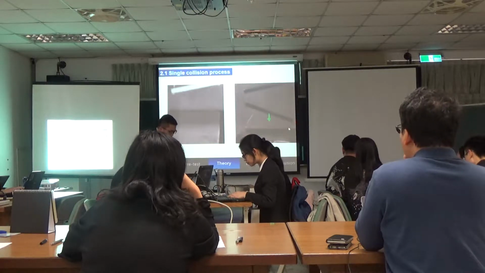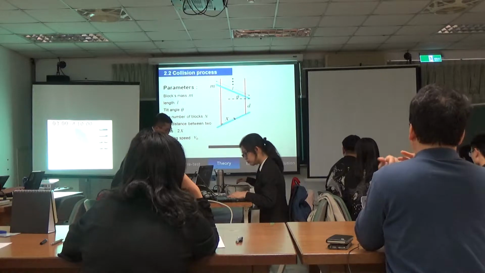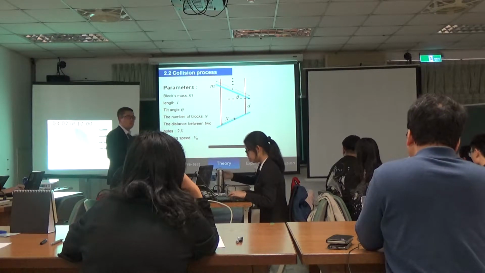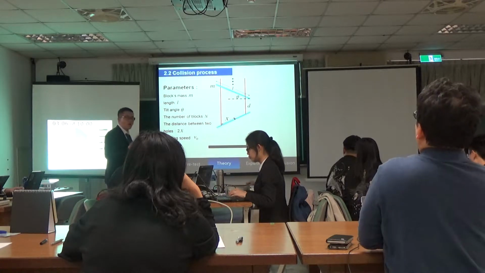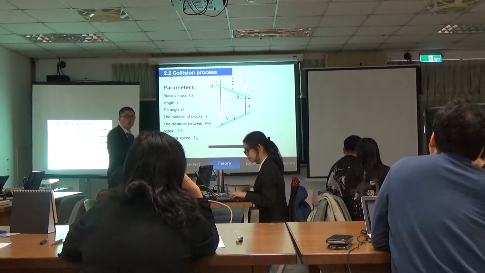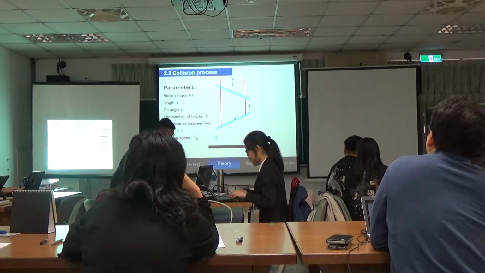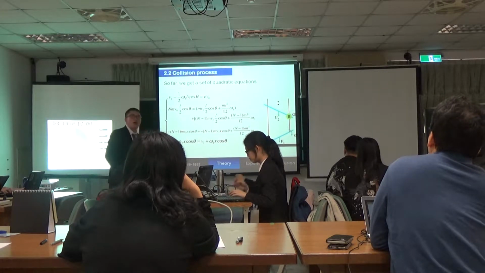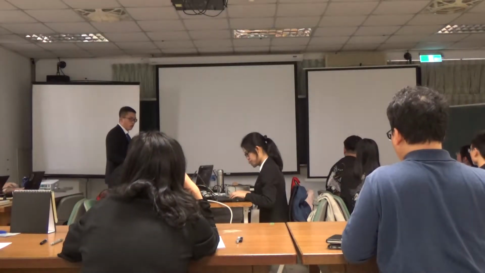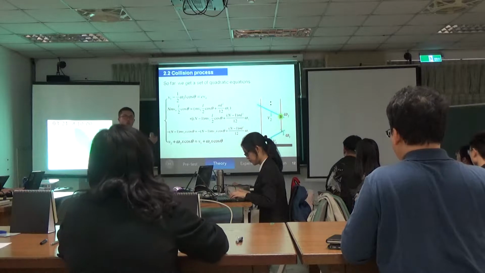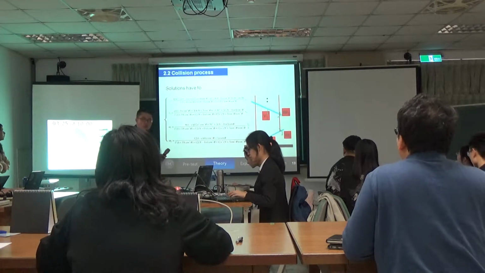And then let's consider the whole transform. These are our parameters: the block's mass, the length, the tilt angle, the number and the distance between two holes, and the landing speed. Let's consider this according to the principle of angular momentum. We can write down 4 equations, and by these 4 equations we can get the solutions.